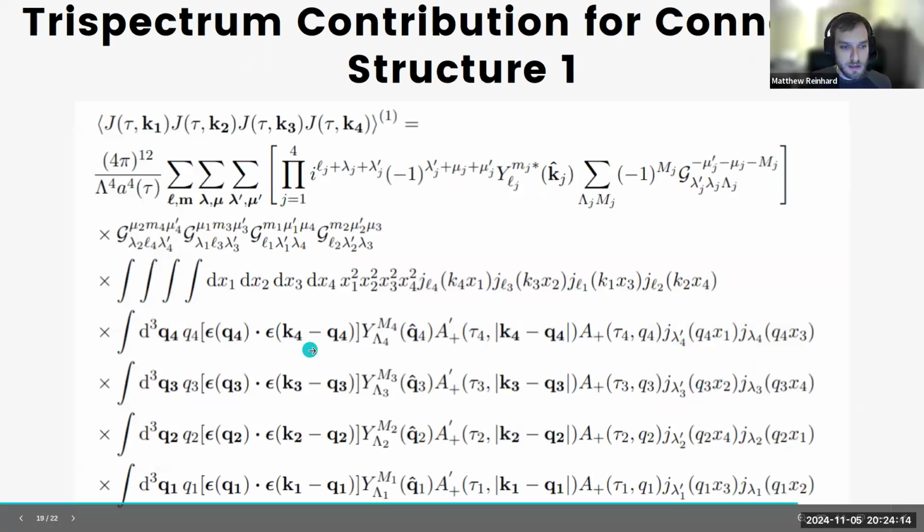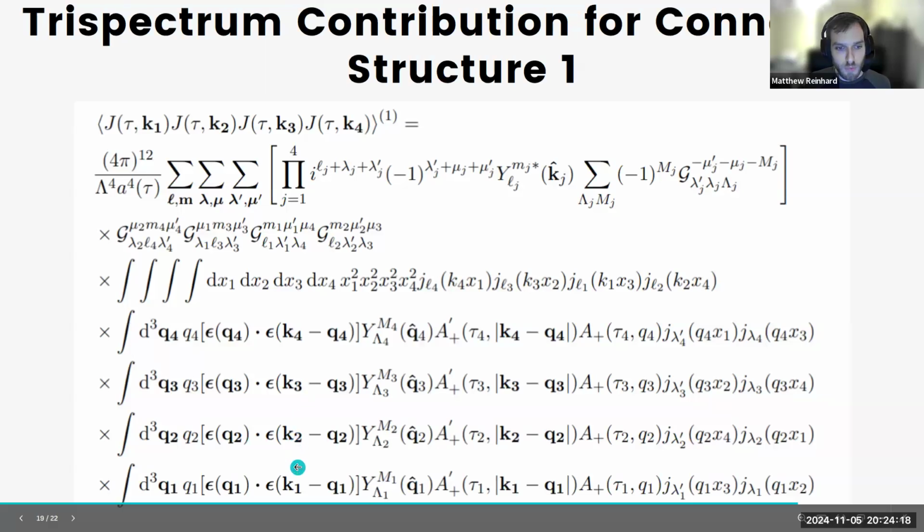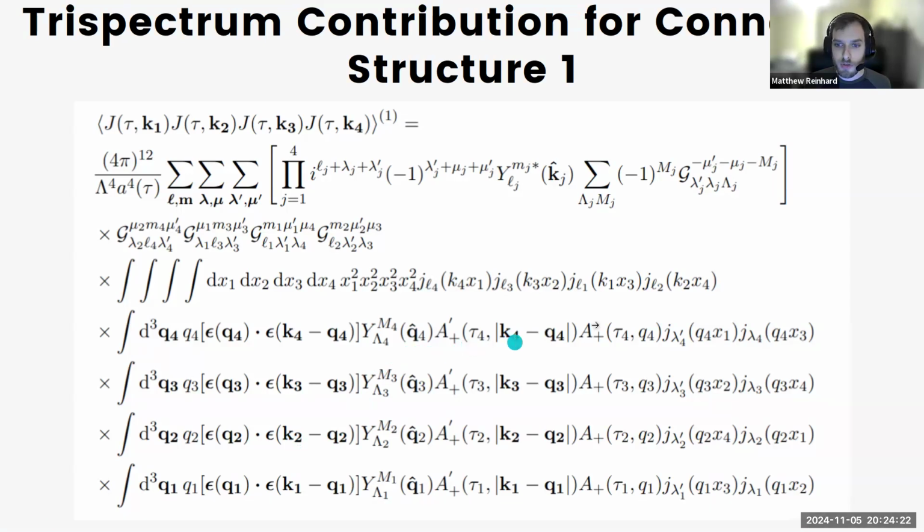And what's nice about this is we get these four separate momenta integrals, and they all are pretty much identical, save for exchanging some subscripts. So now our focus is on computing these loop momenta integrals.